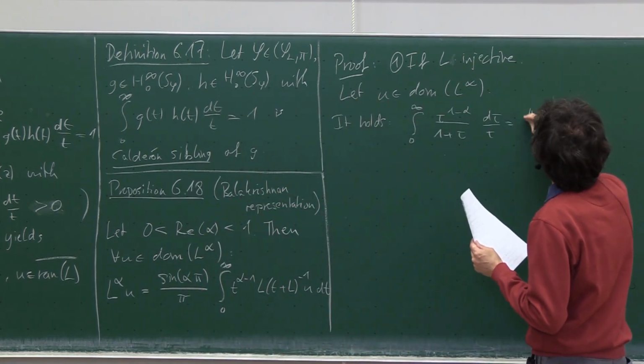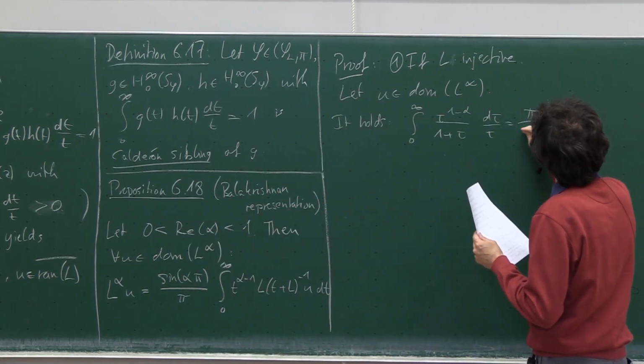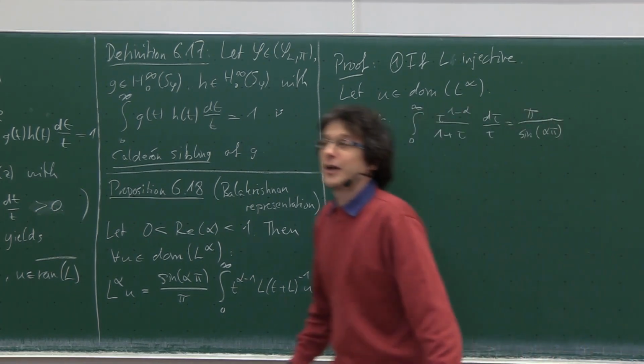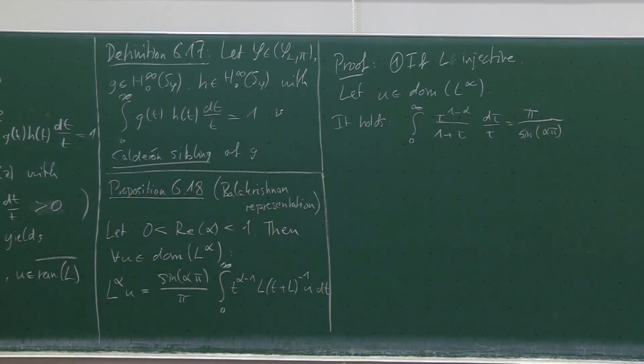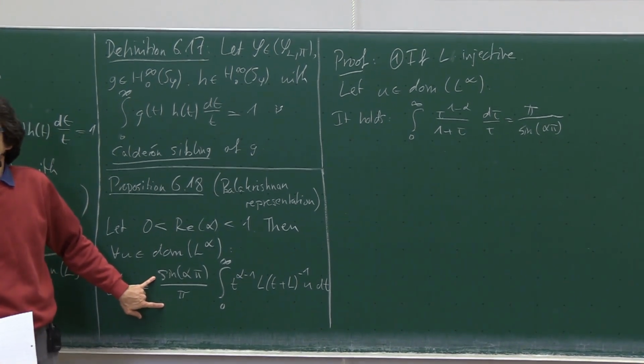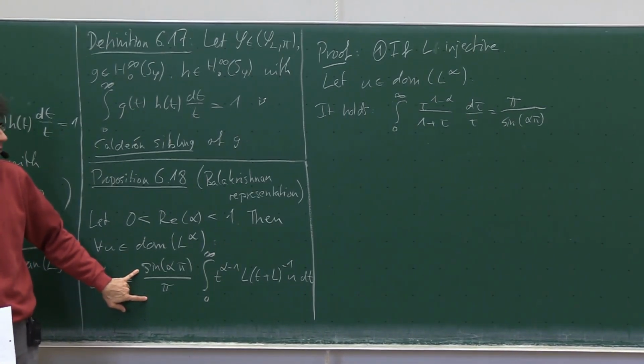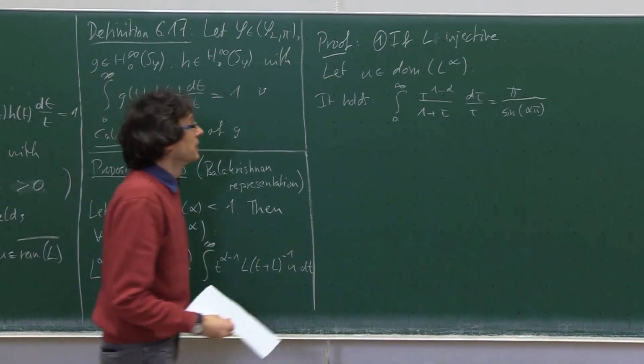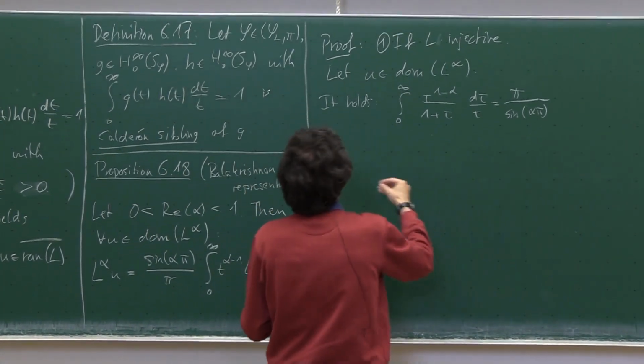You can just look it up in some tables or on the internet: this is pi over sine of alpha pi. As I said, this will give you this constant, which is of no further importance for the rest of the lecture. You could just put a constant here, but this is the right value. We need this one.